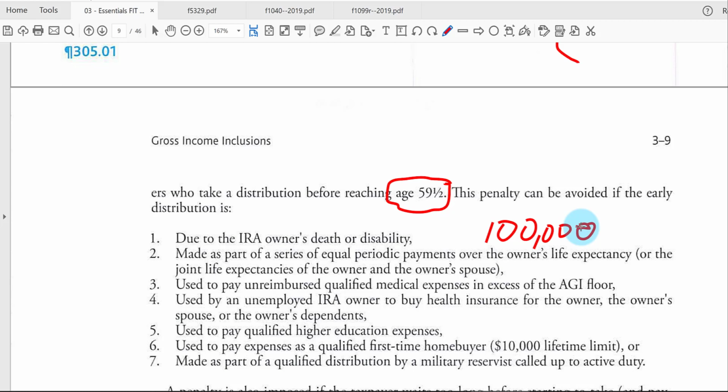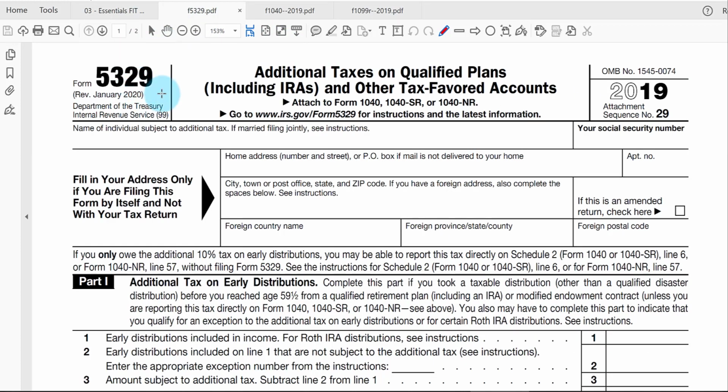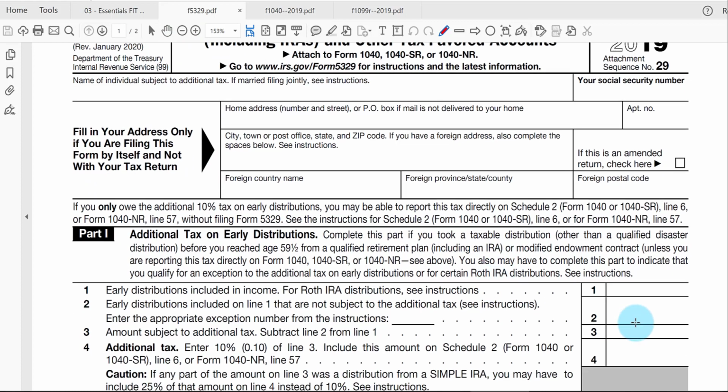Again, you still possibly have to pay the income taxes on that retirement income, but you're going to be avoiding this 10% penalty. The way to calculate the penalty is on this Form 5329, where you would enter the amount of the early distribution, again, before reaching age 59 and a half, minus out any one of those exceptions listed back in our textbook, 1 through 7.